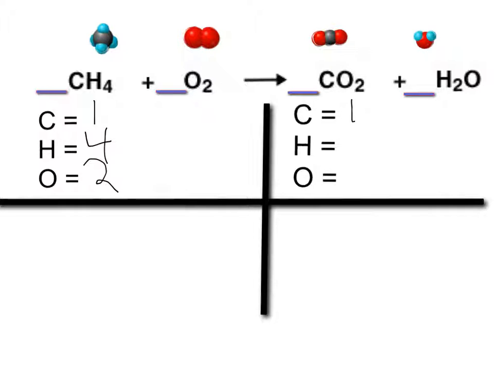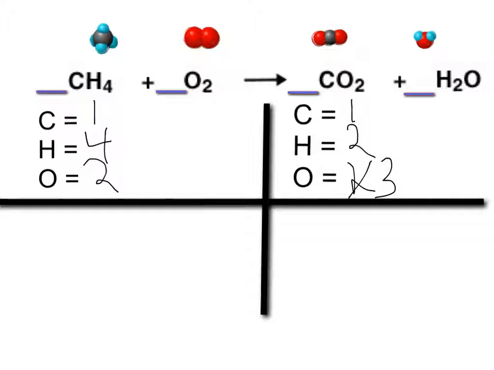Let me go back for a second. There is 1 carbon and 2 oxygen on the right side. Actually, there are 3 oxygen because I forgot to add the 1 oxygen to the 2. And there is also 2 hydrogen on the right side.